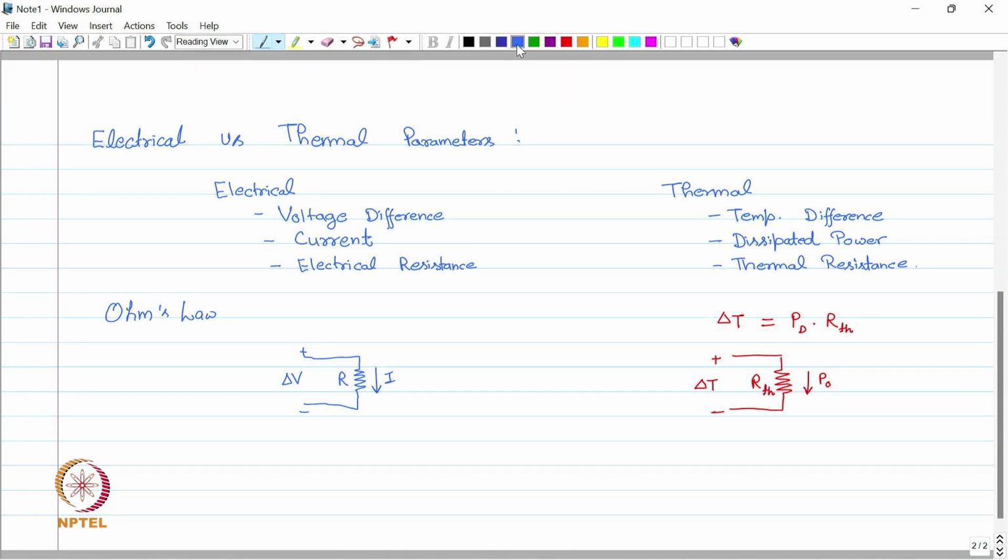For the electrical network, we can write V is equal to IR. So both of these examples are similar, and we can apply the electrical laws to the thermal network as well. So let's talk about electrical and thermal resistances.